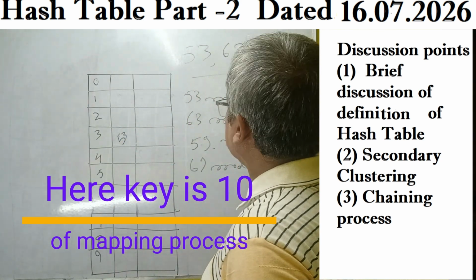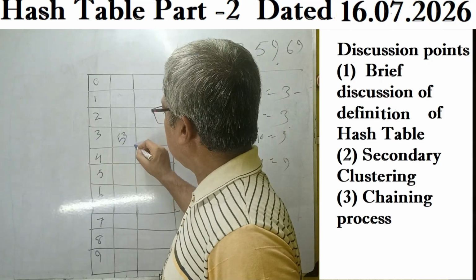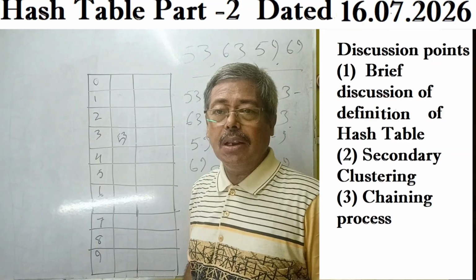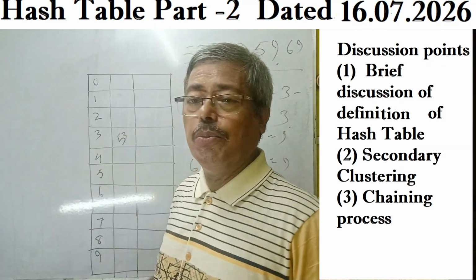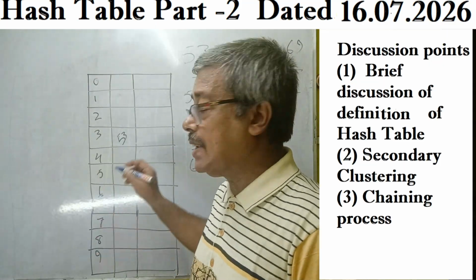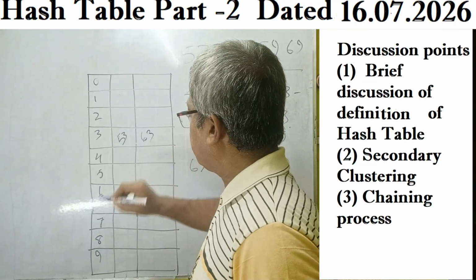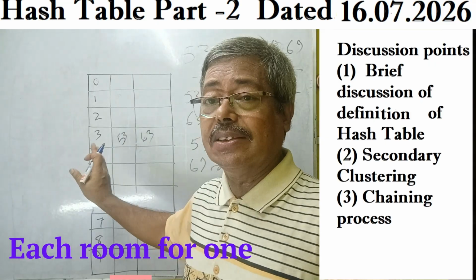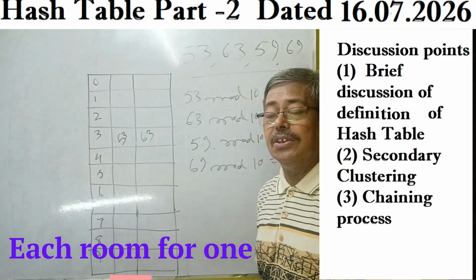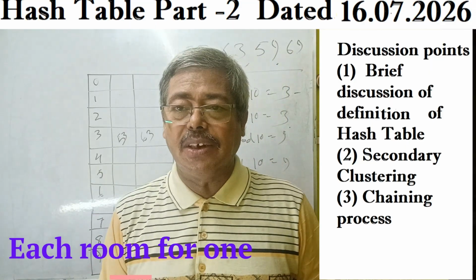Now 63 comes. Of course it maps to the same position, but that is not possible because there is only one room for one data. So 63 is not possible, but 63 is waiting to make an entrance at this room. Then a primary clustering is formed.